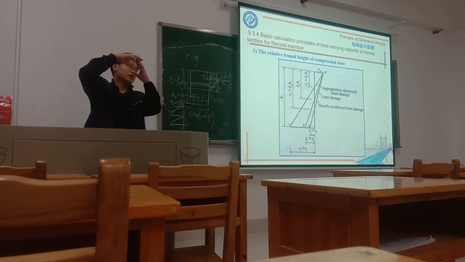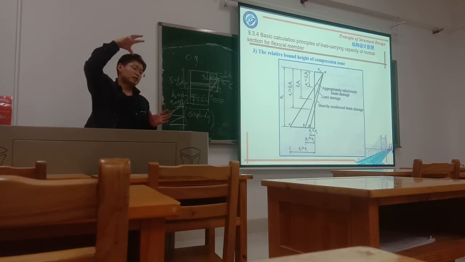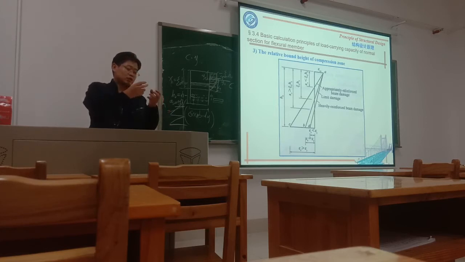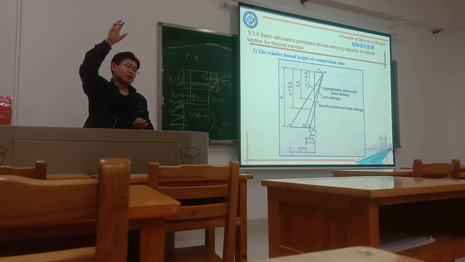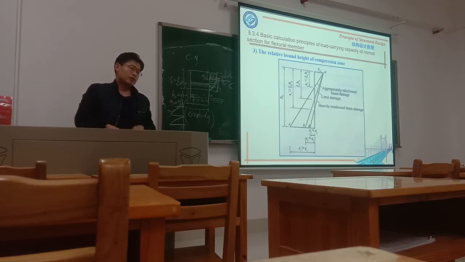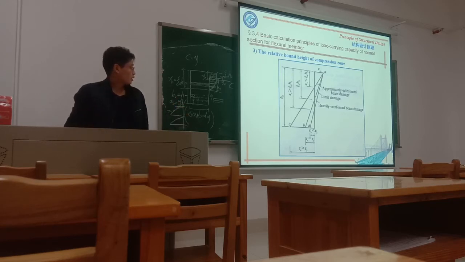That means this is the boundary condition; it happens at the same time, not that the steel reaches yield strength while the concrete has not yet reached its compressive strain. The concrete reaches the compressive strength and the reinforcement reaches the yield strength, happening at the same time. So that's the boundary.